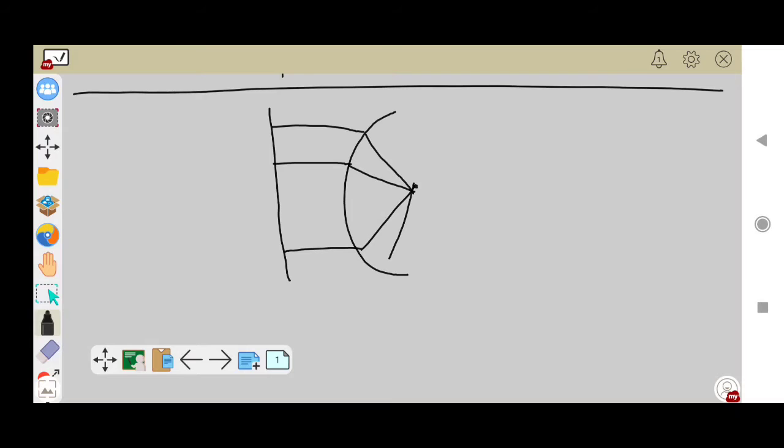This will be equal to this. So B1, B2, B3, B4, and this is P1, P2, P3, and this is P4.